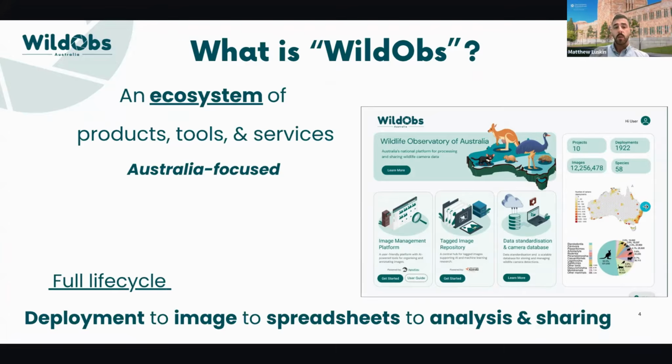And so we're really trying to take people through the entire life cycle of camera trapping all the way to the government end users who are doing the state of the environment report, or to the end user who's in a national park and wants to make a decision about how management should occur, or to the end user who's an academic who wants to publish a paper on a particular research topic in ecology or conservation.